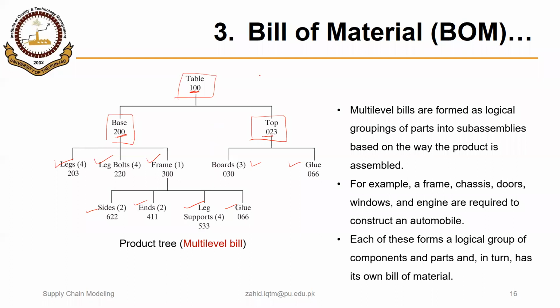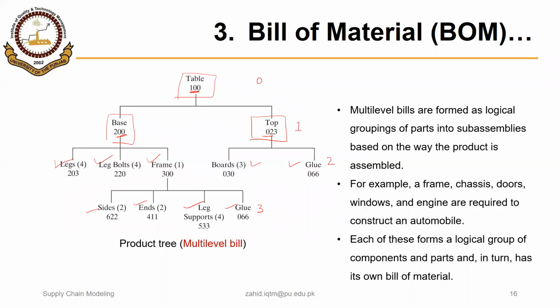Generally, this end product is assigned level 0. It is assigned a code 0. The immediate sub-assemblies are assigned a code 1. Then a code of 2 and 3. So the lower is the low level code, the higher is actually the level of that item.